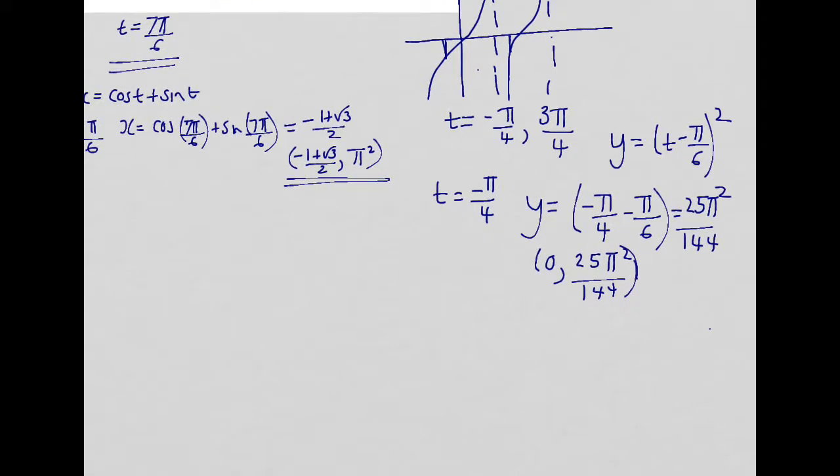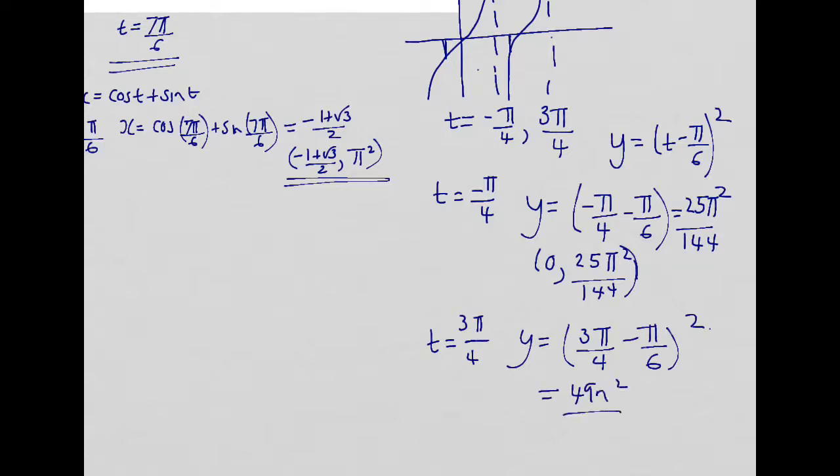And the next one was when t equals, oh no, it's positive, isn't it? 3 pi over 4. So y equals, substituting it in just the same, and if you substitute that in, it's equal to 49 pi squared over 144.